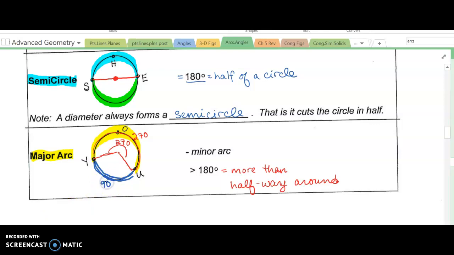And so a cheater's trick to find that red arc would be to say 360 degrees for the whole circle minus the minor arc, in this case minus the 90, in which case we would have arrived at 270 for the major arc. Now, if the 270 is given to you, you may not need to do that. I'm just saying that's another way to find that major arc.